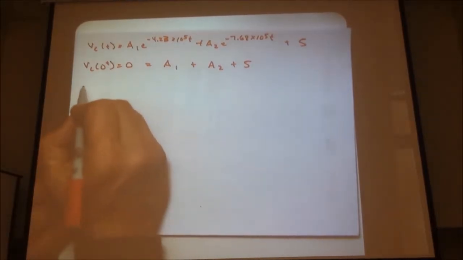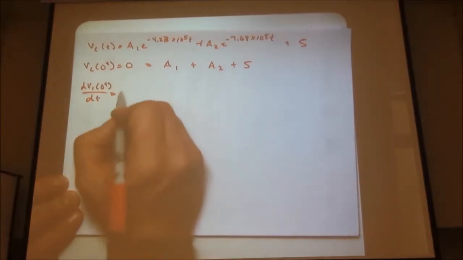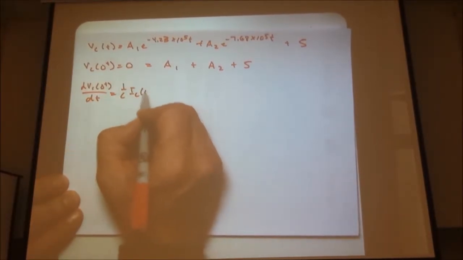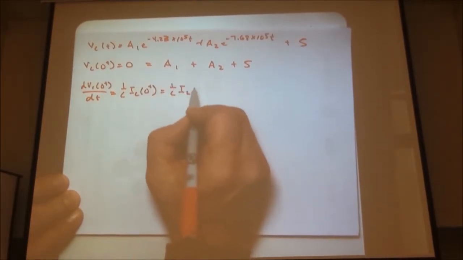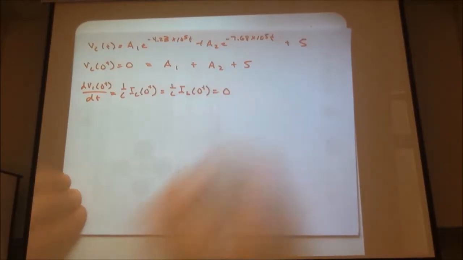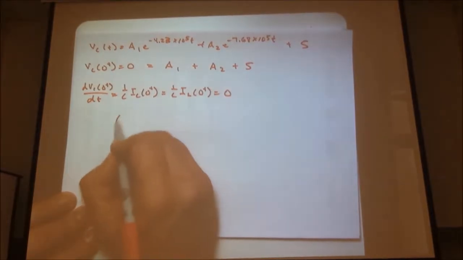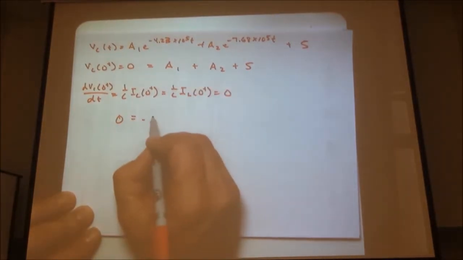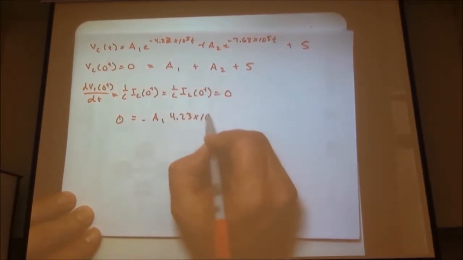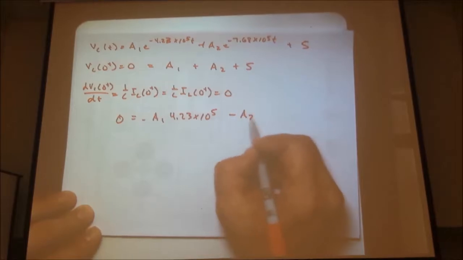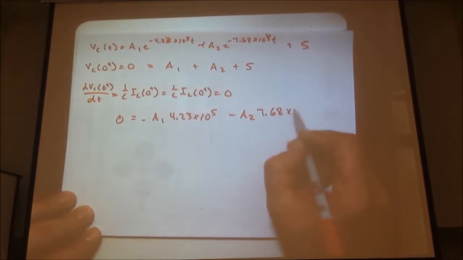And in this case, dVC 0 plus by dt equals 1 over C IC 0 plus, equals 1 over C IL 0 plus, which we know is 0. So 0 equals minus A1 4.23 times 10 to the 5, minus A2 7.68, that was supposed to be 4, times 10 to the 4.